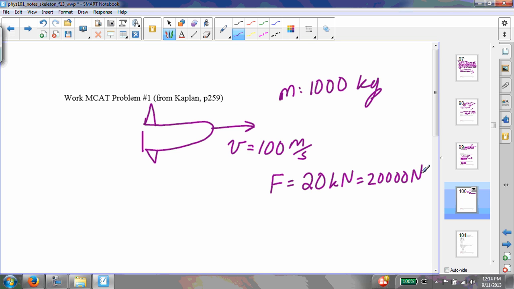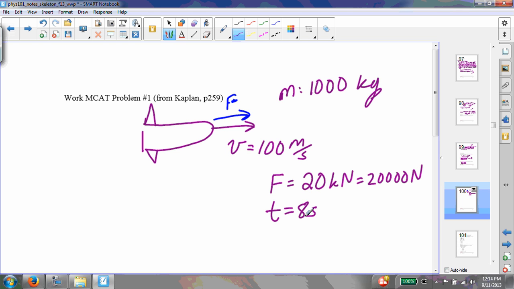In the direction of its motion for 8 seconds. So I have a force, my velocity is in that direction. I have a force applied to this rocket of 20,000 newtons in the direction of its motion, for a time of 8 seconds.